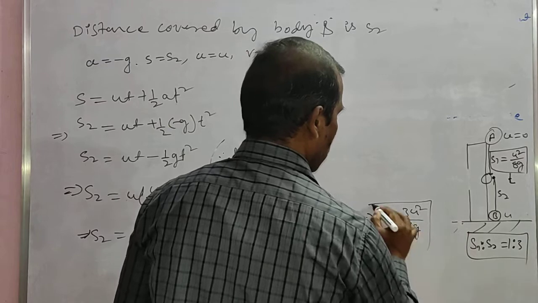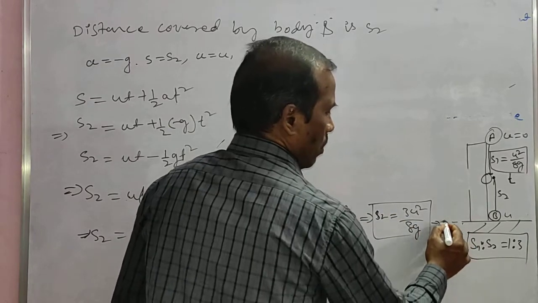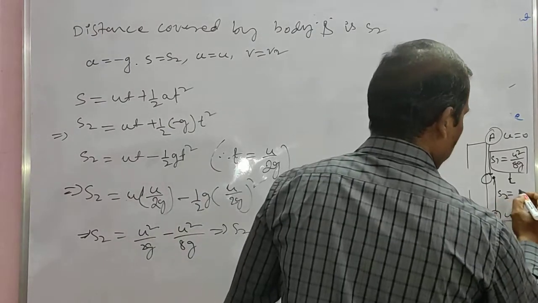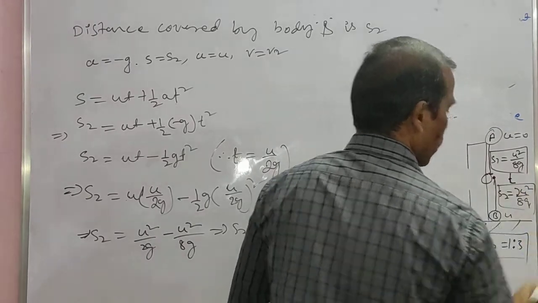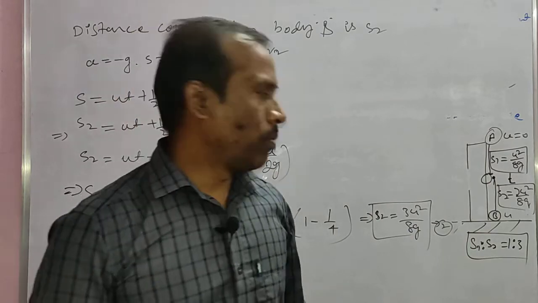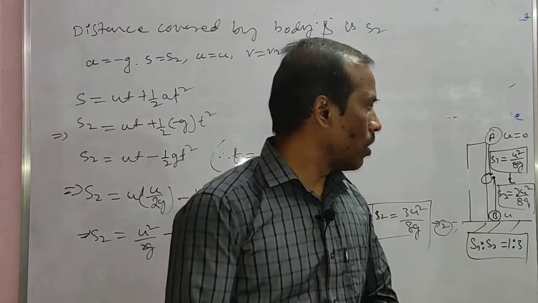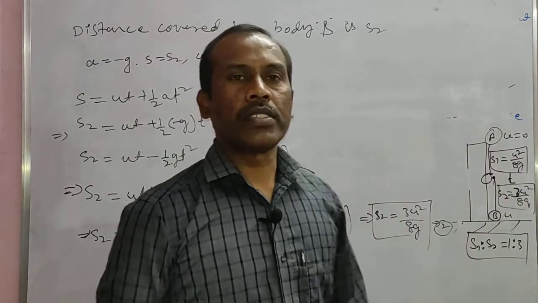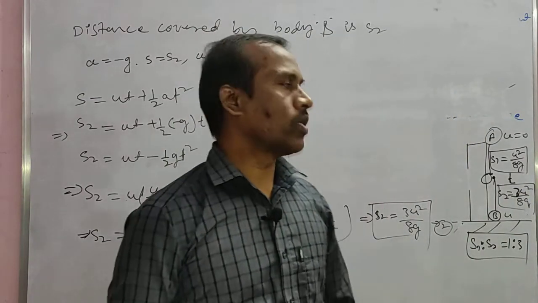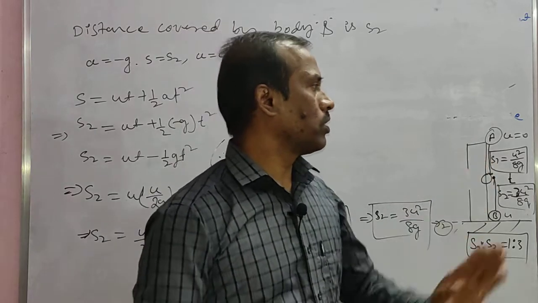So this is the equation for example 2: S2 is equal to 3 u square by 8g. The distance covered by body B, S2, is 3 u square by 8g. The distance covered by body A to reach the point O, S1, is u square by 2g.